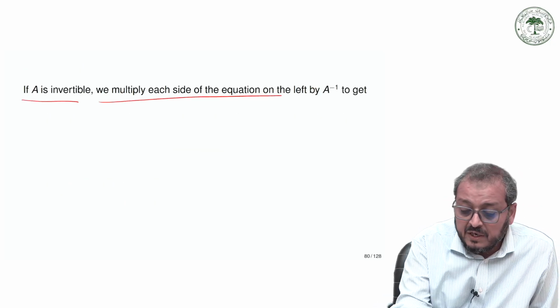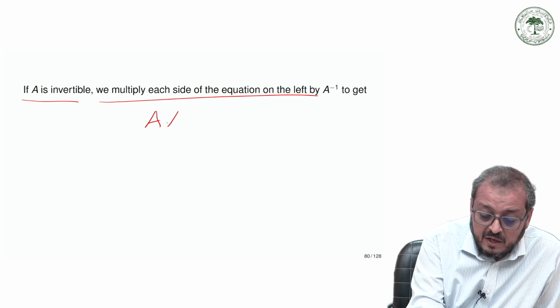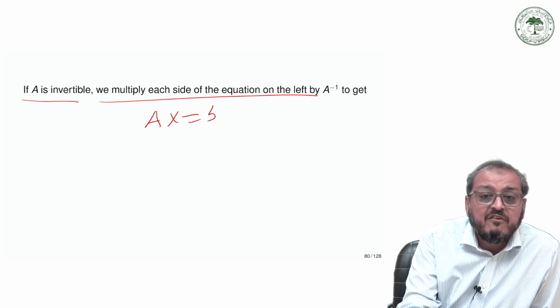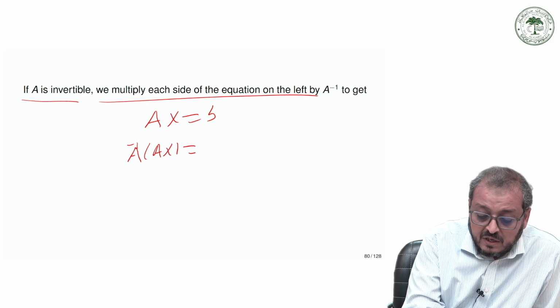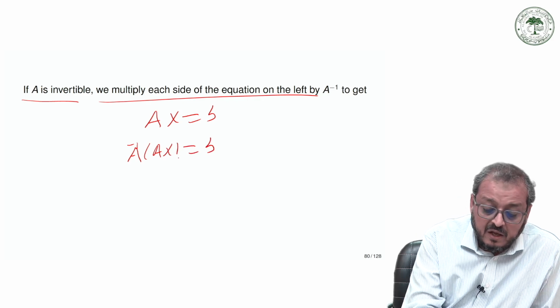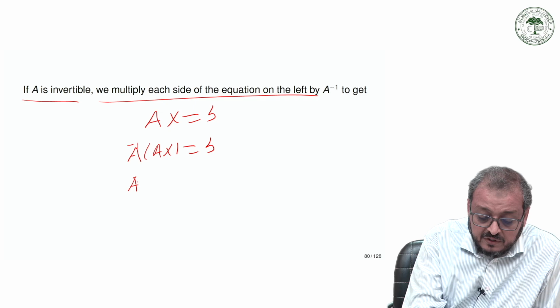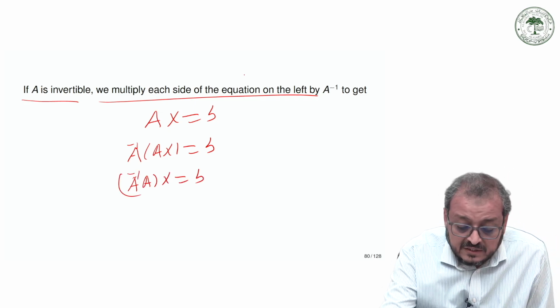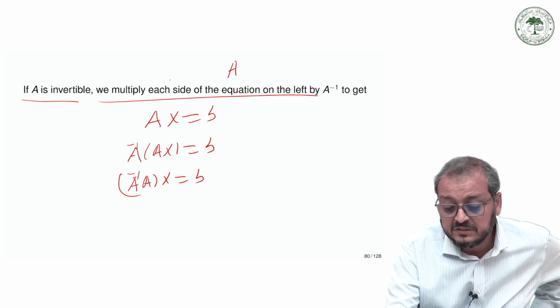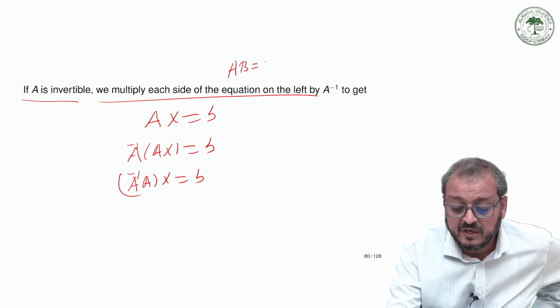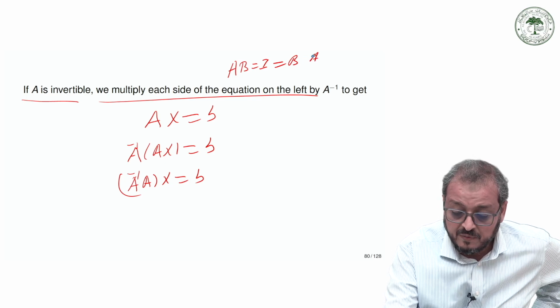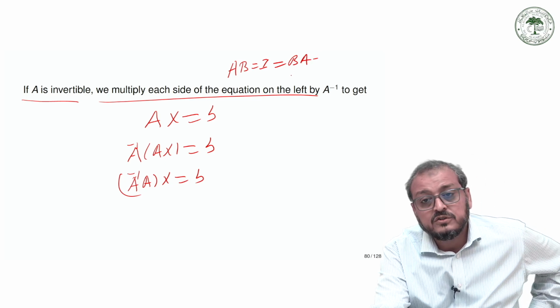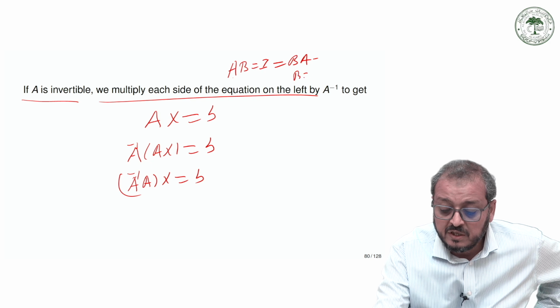Then we can multiply both sides: Ax = B gives A inverse times Ax = A inverse B, and by associativity, A inverse A x = A inverse B. Last time we showed that if a matrix is invertible, then there exists a matrix B such that AB = I and BA = I, and that this B is A inverse.